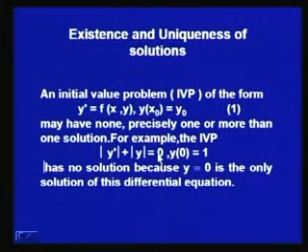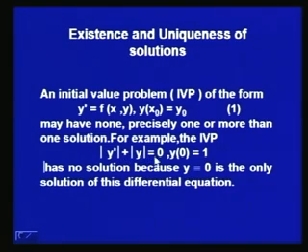Let us discuss an example of each one of those cases. First we consider the initial value problem mod of y dash plus mod of y equal to 0, where we are given that y at 0 is equal to 1. Now the differential equation mod of y dash plus mod of y equal to 0 has a unique solution y equal to 0, because the left hand side is the sum of two non-negative real valued functions.